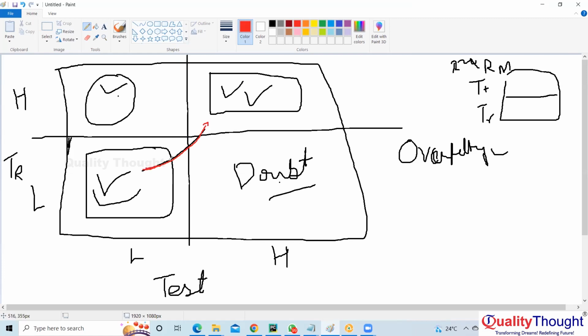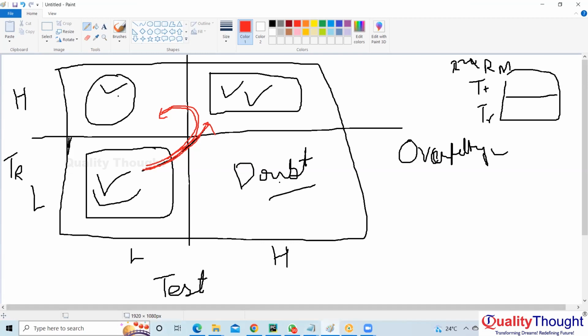But what happens is we tend to go beyond. You reach this stage and then you go here. This is where your training is getting better and better, but your test accuracy is going bad.